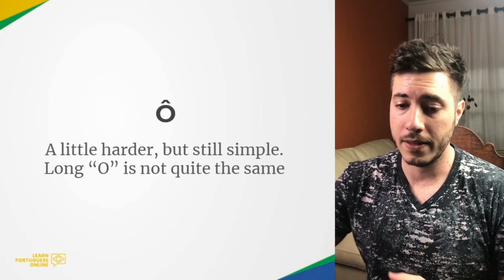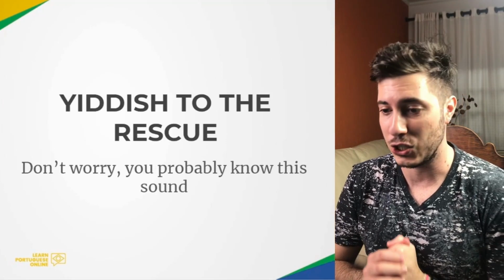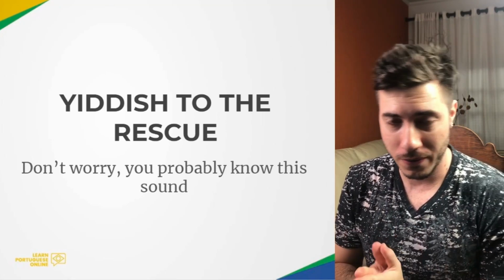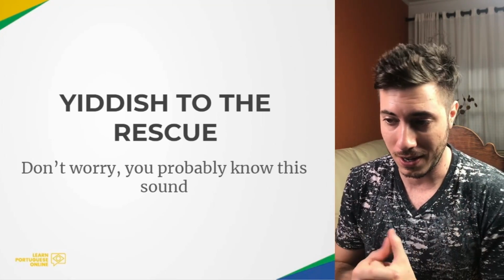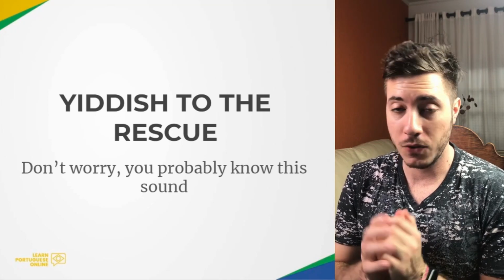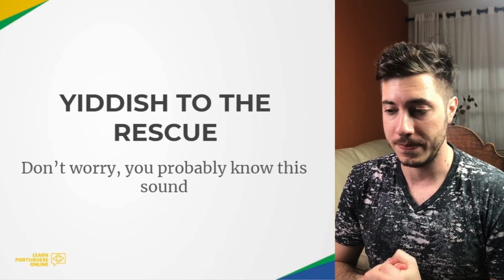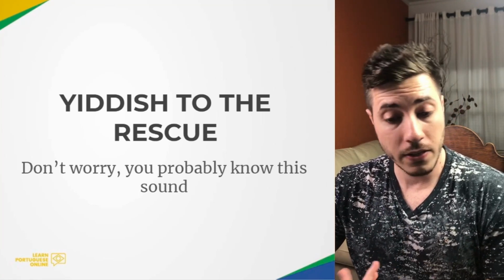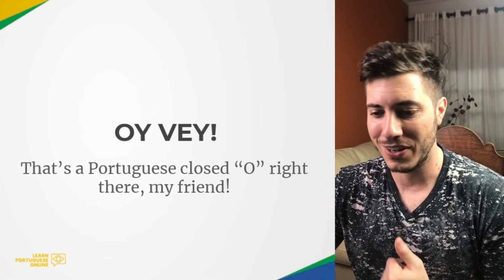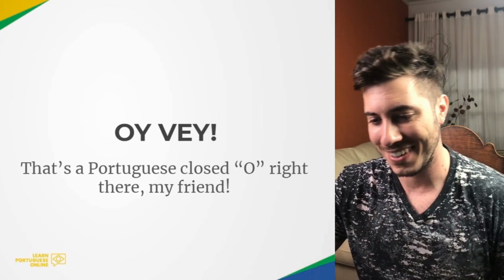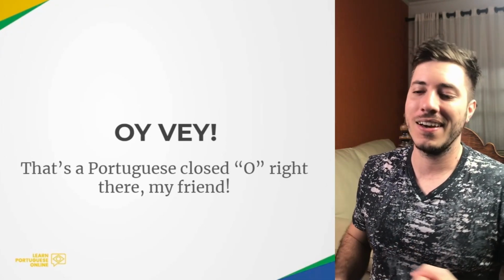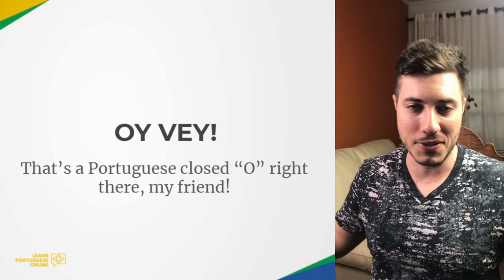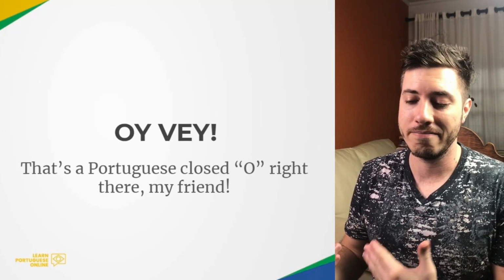Well, that is when, my friends, we use Yiddish. And don't worry, you probably know the sounds that I'm about to say. We are going to use a Yiddish expression that sounds just like our closed O. And that expression is oi vei. And in oi vei, that first sound that you say, that's basically the Portuguese closed O. Oi.